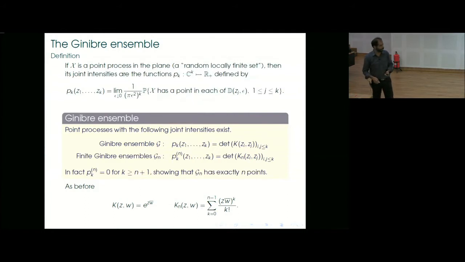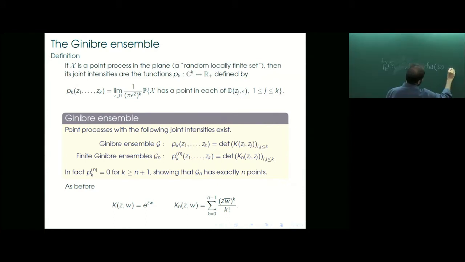There is another typo here. So actually, what I have done is I have not normalized like this. It is actually the determinant of K of z_i z_j times, I expressed it with respect to a different measure, but let me describe it like this.